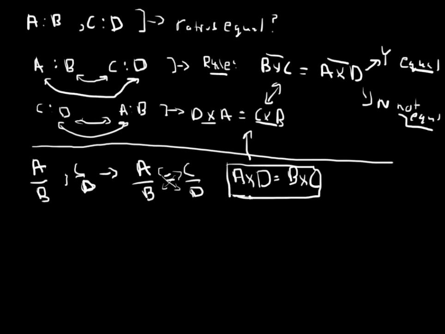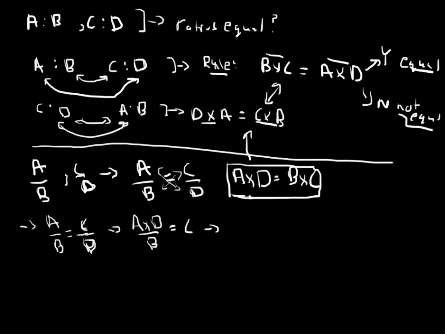If you want to see the long way of cross multiplying, start out like this and say, let me multiply both sides by D, for example. A times D over B is equal to C, and then you'd have D over D on this side, so they would cancel.